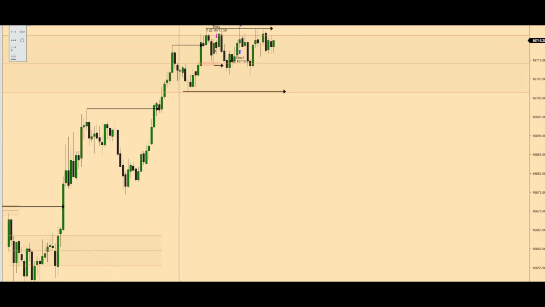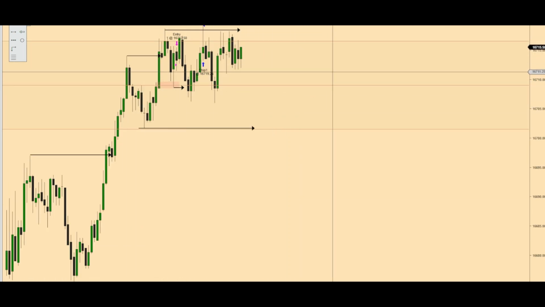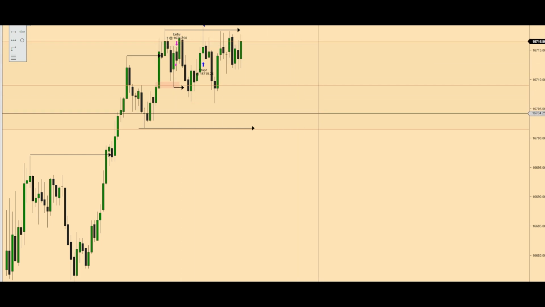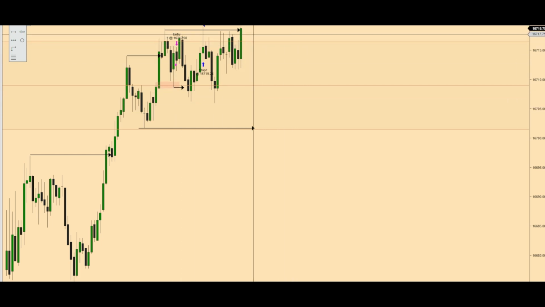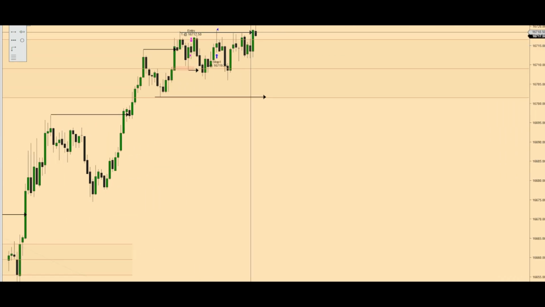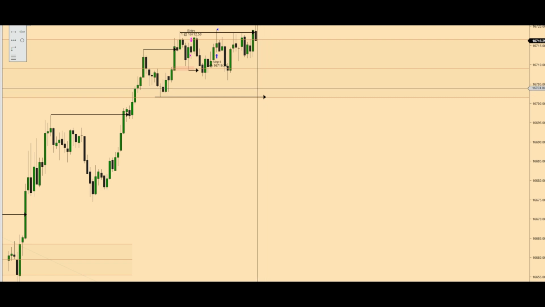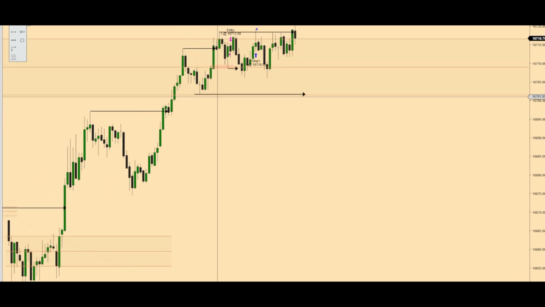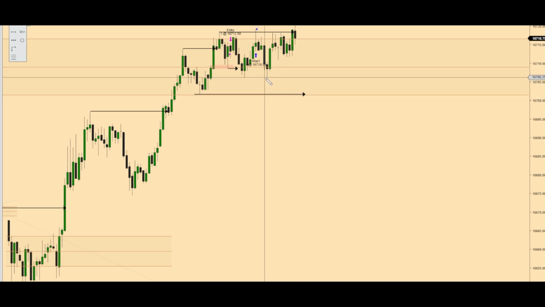But this is just ranging. Candle close. This was our protected low, so now this is our protected low.